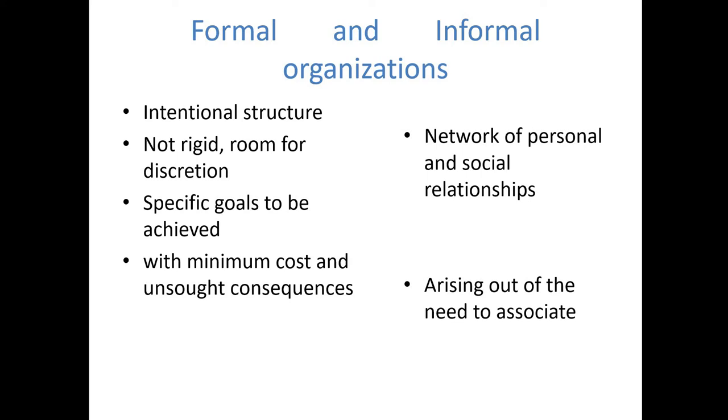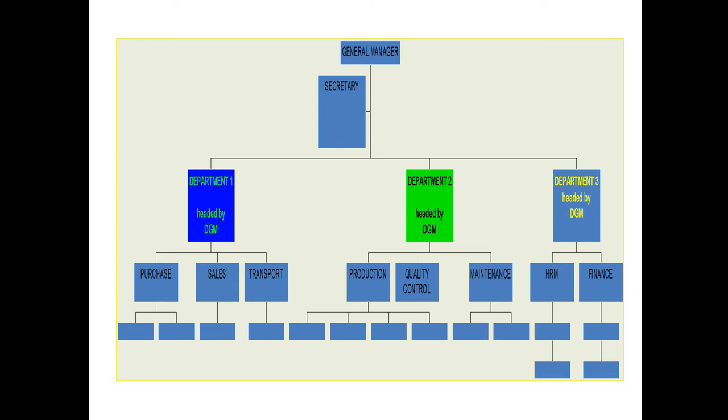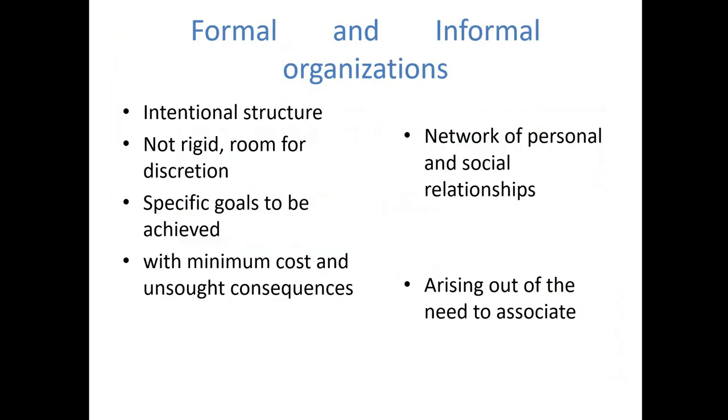So although we created this organizational structure, it is not fixed for all time to come. As the company grows, you will find that department 1 will bifurcate into maybe 3 separate departments. The same will happen with existing departments 2 and 3. So therefore it is not rigid. It has been set up with a purpose. There is a goal to be achieved, and that is why we need the organization structure.